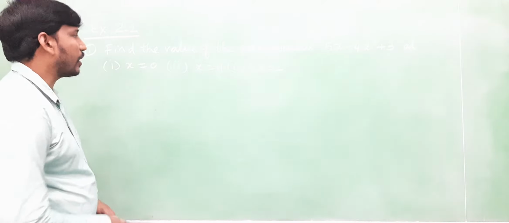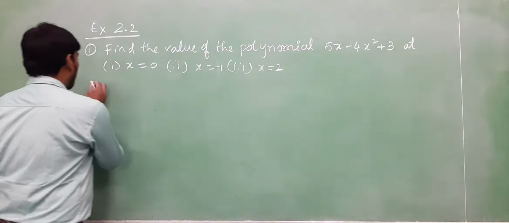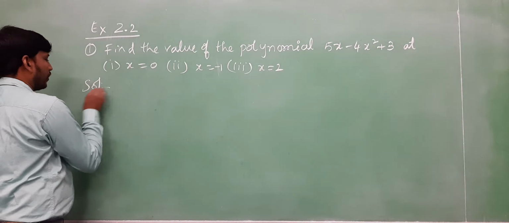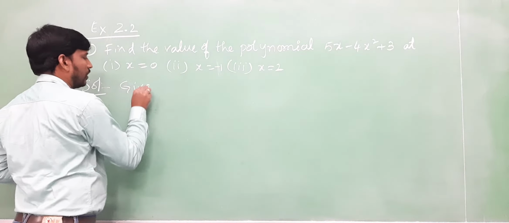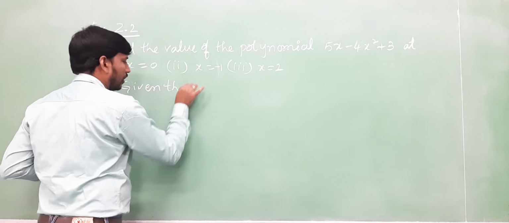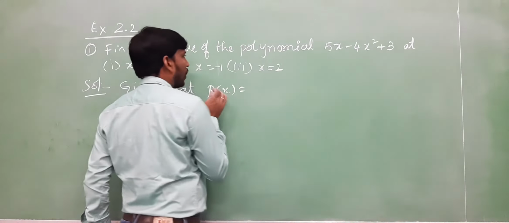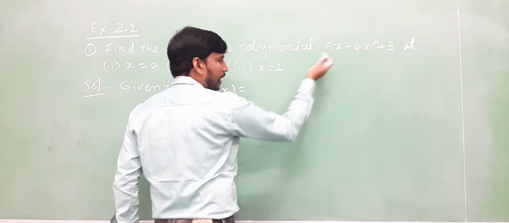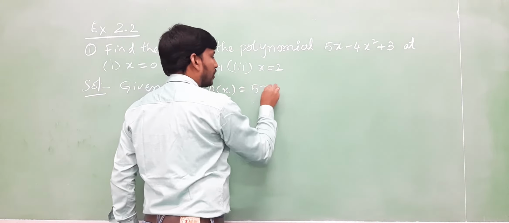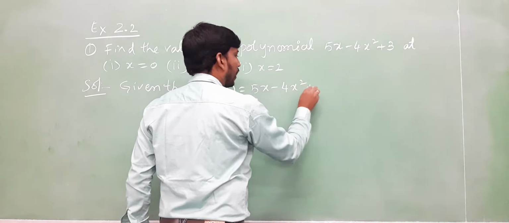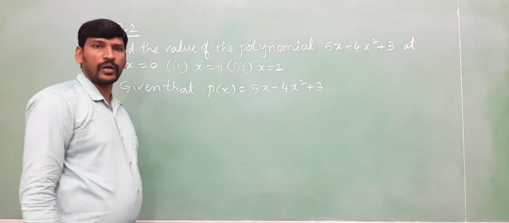Children, here, if you observe, the given polynomial is as follows. Solution. Given that p of x is equal to, let us take the polynomial p of x because the variable is x, 5x minus 4x square plus 3.